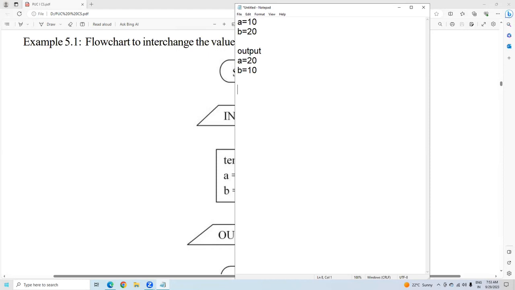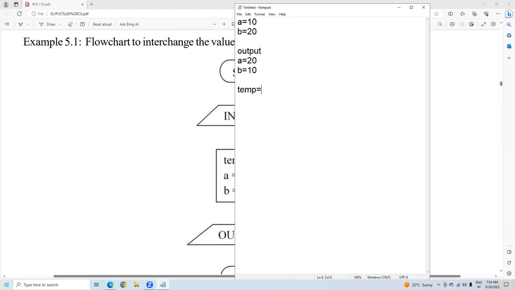Let's name the mango juice glass A and the orange juice glass B. Orange juice should come into the mango juice glass, and mango juice should come into the orange juice glass. But both are full. How will you interchange? You need one more extra empty glass, right? That we will think of as temp.